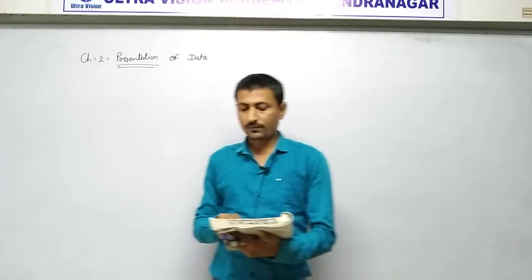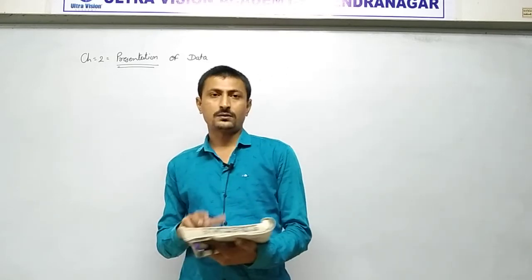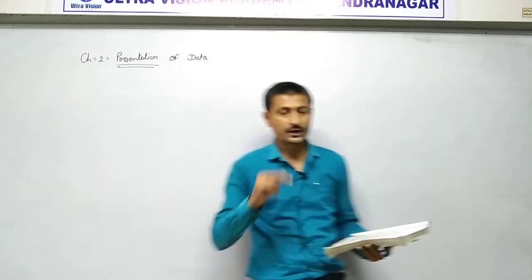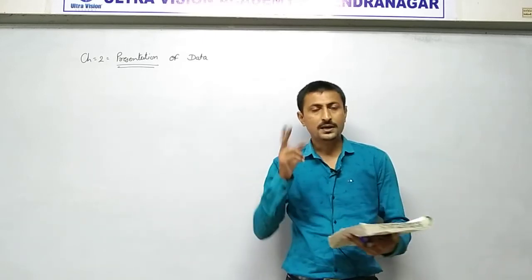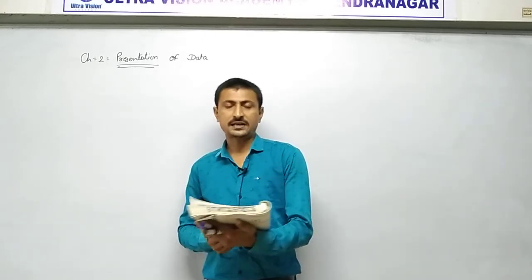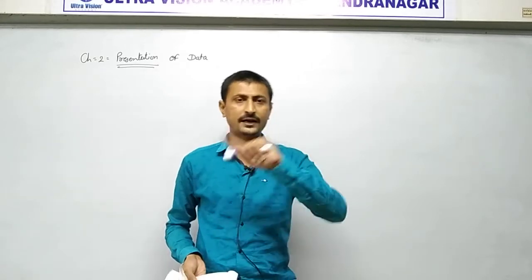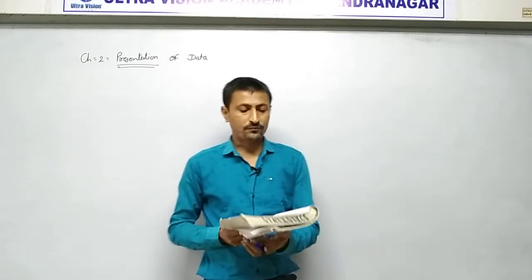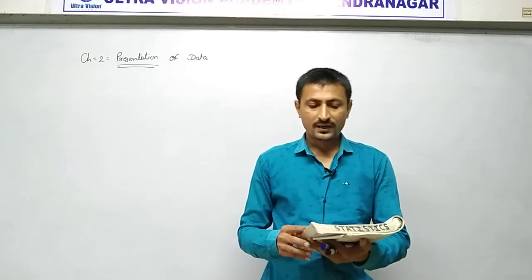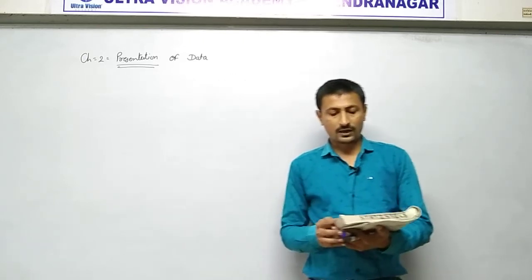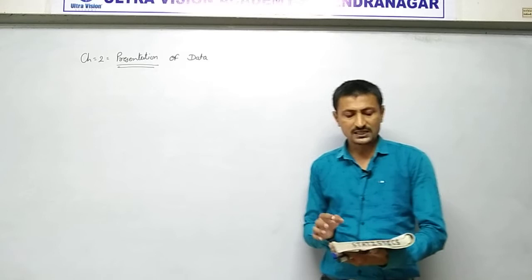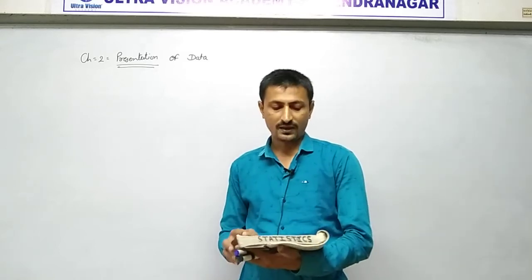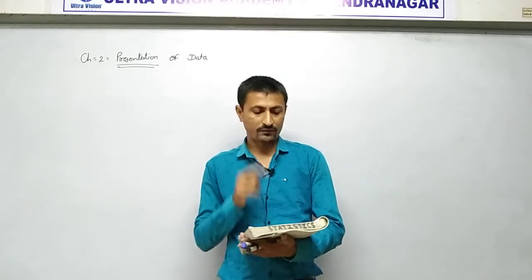Quantitative variable is of two types: discrete variable and continuous variable. Discrete and continuous are different. If a variable can assume definite or countable values within the specified range, then it is called a discrete variable.